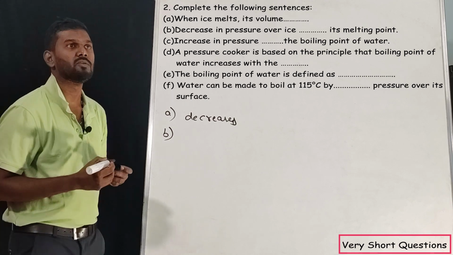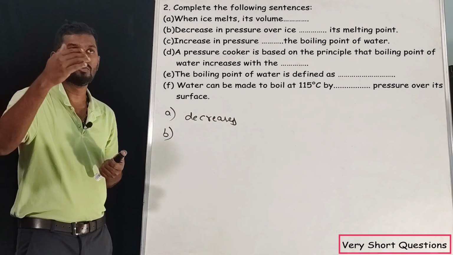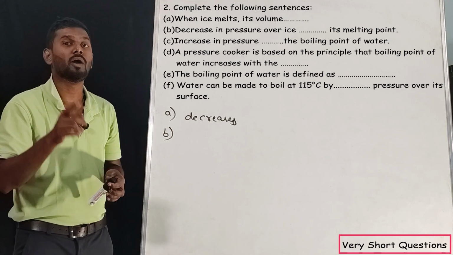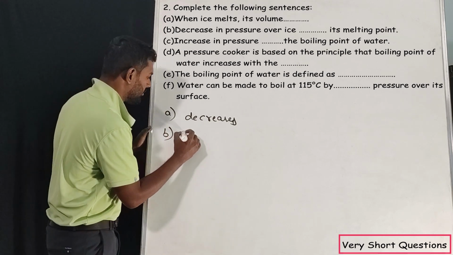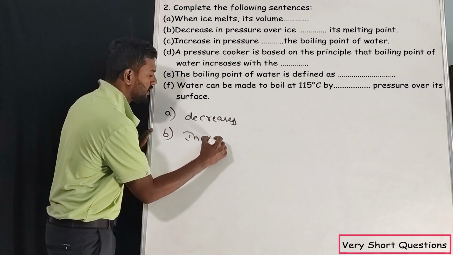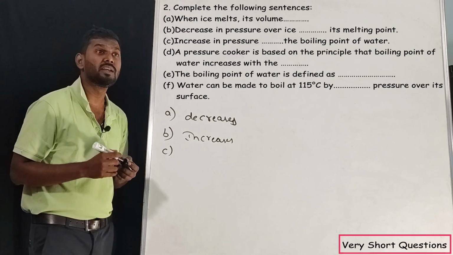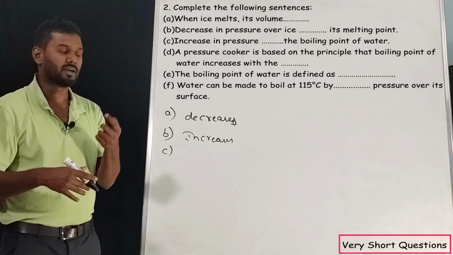We'll go for the second one. Decrease in pressure over ice. See, when you decrease the pressure over ice, that means the melting point increases. All these things we have learnt in the concept video. Increases. Then C, increase in pressure, the boiling point of water will increase.